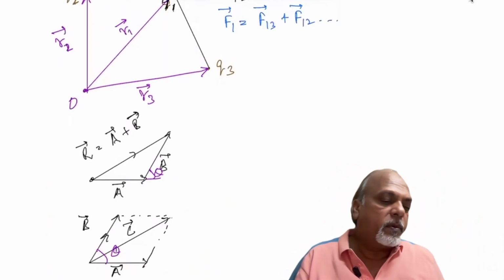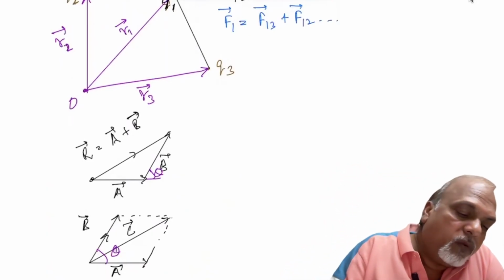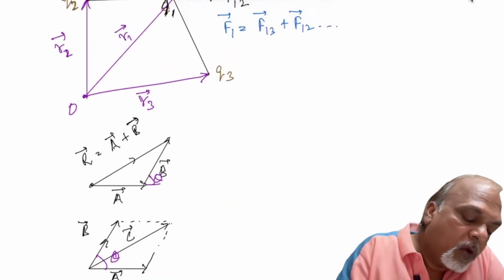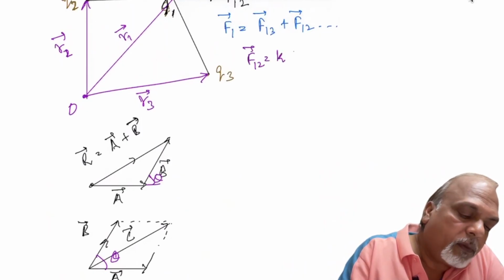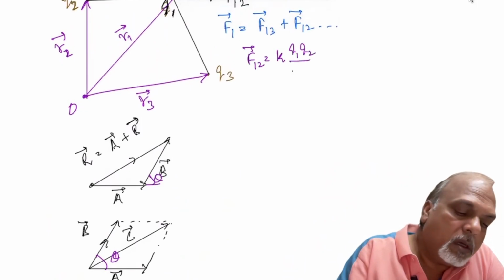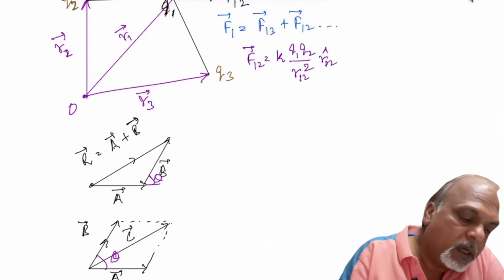Main thing is this, here, if you see what is F12, F12 is nothing but K Q1 Q2 upon R12 whole square, and this is R12 unit vector.